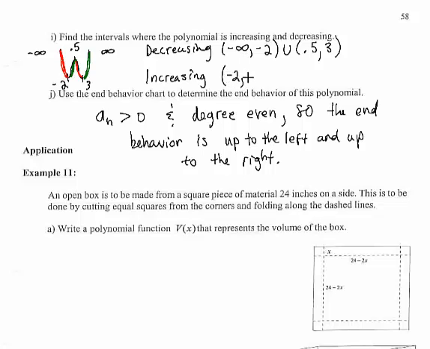So our two intervals would be negative 2, 0.5, both numbers with parentheses. Then we could plant a union symbol in between the two. The last interval is from 3 to infinity.